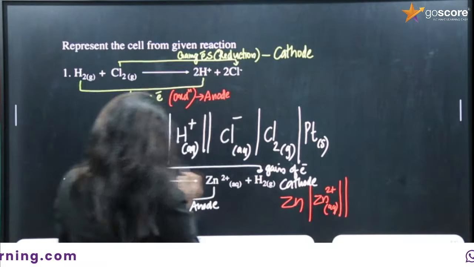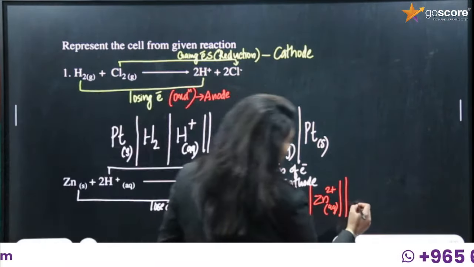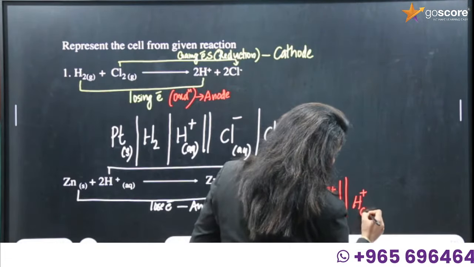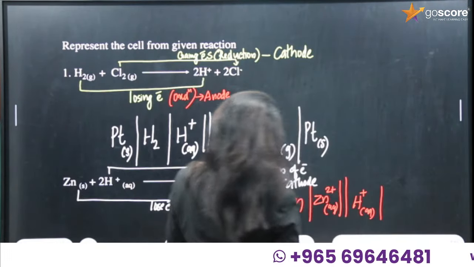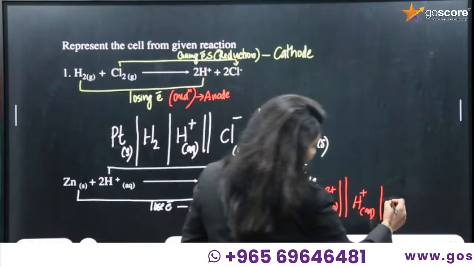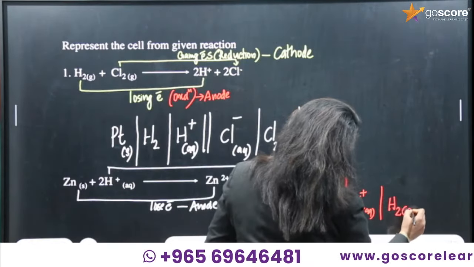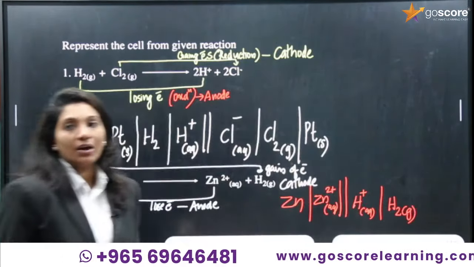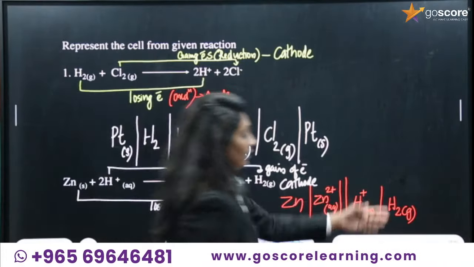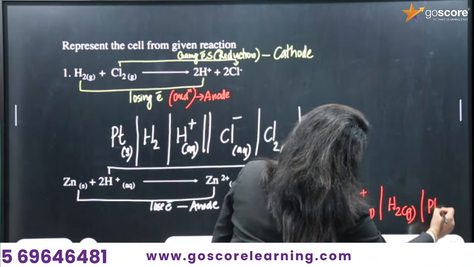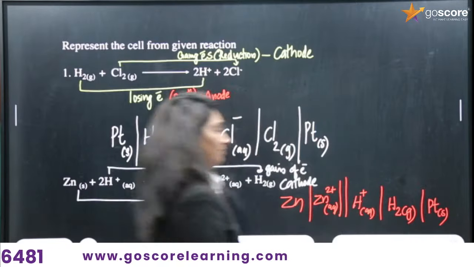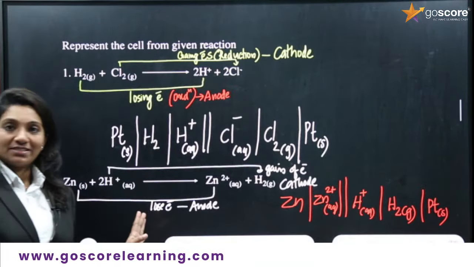The cathode: the H+ ions are in the aqueous form. The ions first, then the phase changes to hydrogen gas, H2 gas. Okay. So here we can give any inert solid substance, right? So this is the cell representation.